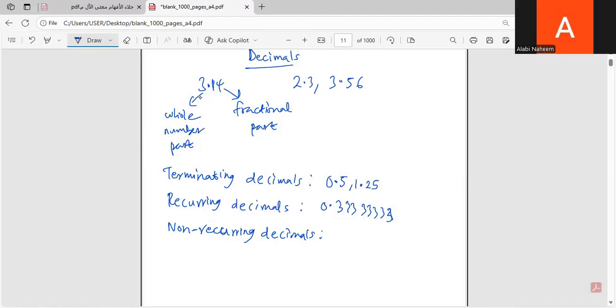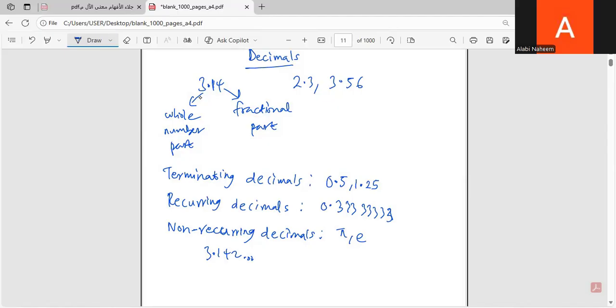Non-recurring decimals also go on like that, but they do not repeat. For example, pi. So pi is 3.142, and then the number goes on. So you have 3.142, then the numbers continue like that.